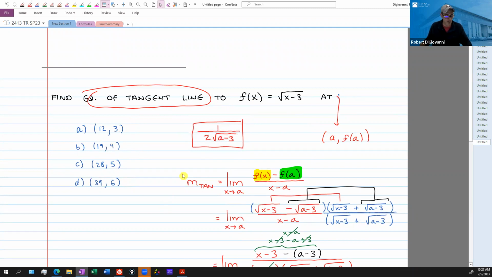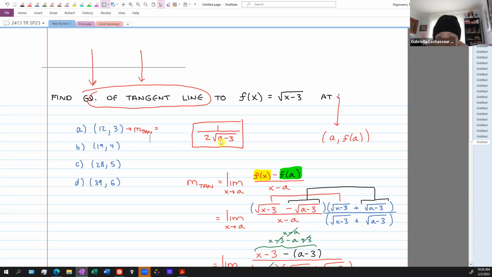I'm not going to answer parts A, B, C, and D completely, because remember I was looking for the equation of the tangent line. Let me at least tell you what the slope is. So what is the slope of the tangent line here? Well, I would use this formula, and I'd replace a with what? 12, right?